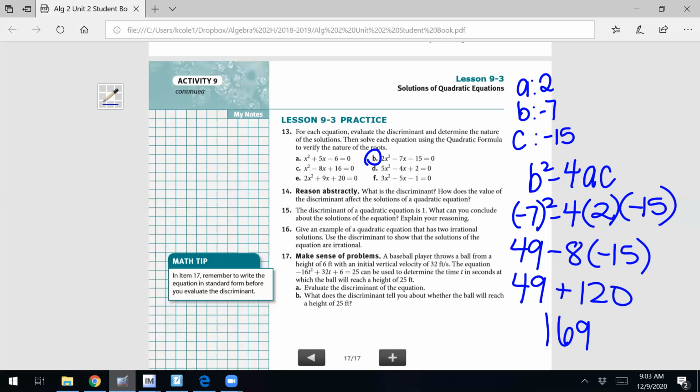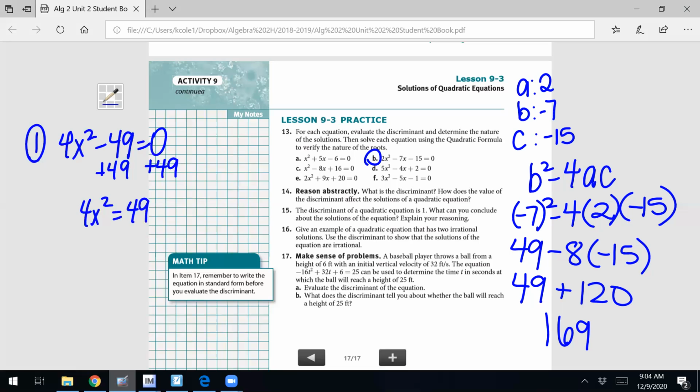Remember on the first section, 1 through 5, you are just solving those for x. So like number 1, you've got 4x squared minus 49 equals 0. Remember, you're just isolating x. So I'm just going to add 49. So 4x squared equals 49. Then what? Divide by 4.